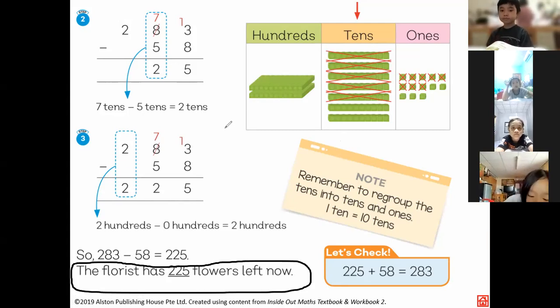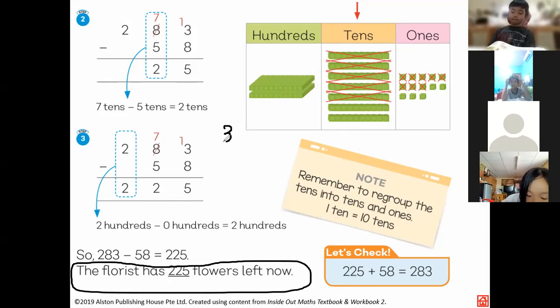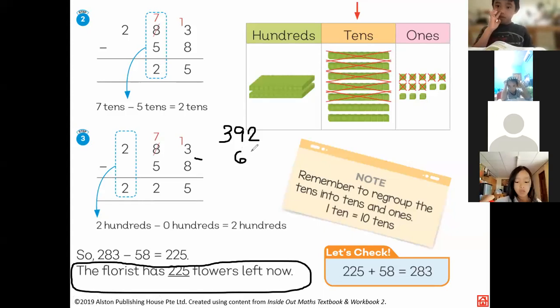Okay, I'm gonna give you another example, class. What about this one? 392 minus 65. Okay, so all we have to do is to cancel number 9, and number 9 will become 8. And then we will add 1 here. So the 2 will become 12.